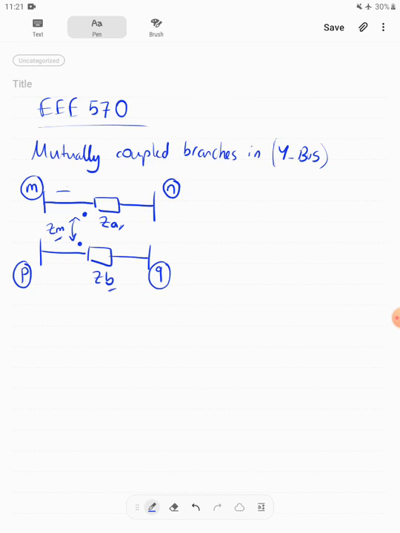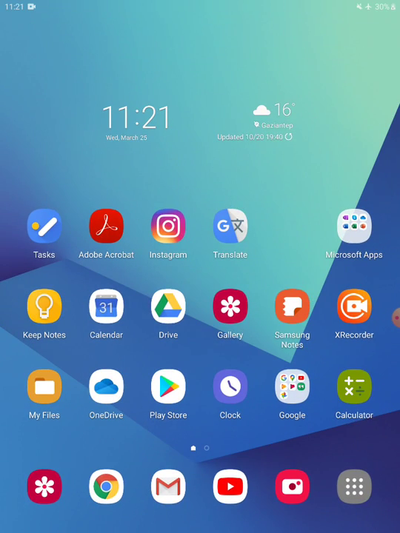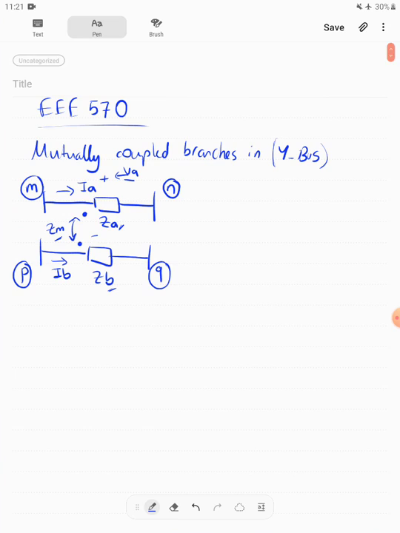If IA and IB are the transmission line currents, and also if plus minus VA is the voltage drop of the upper transmission line, while plus minus VB is the voltage drop on the second transmission line, we can write these voltage drop equations in matrix form.